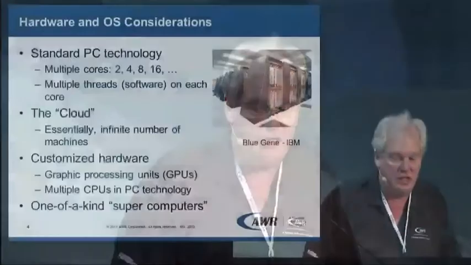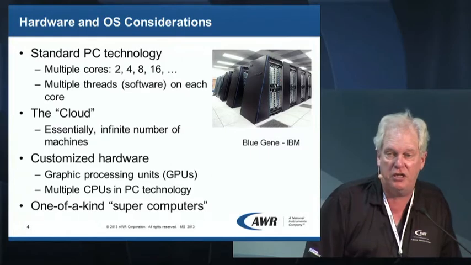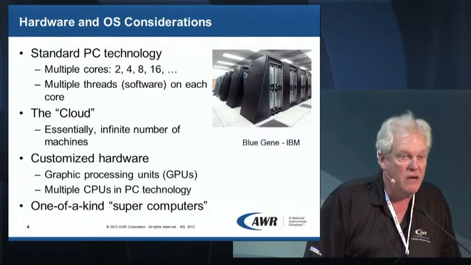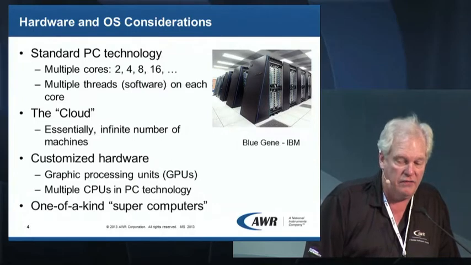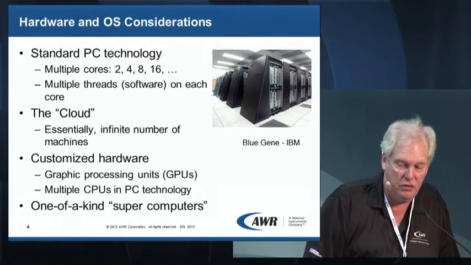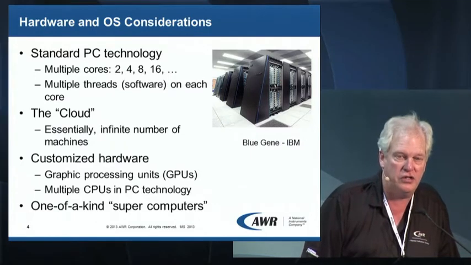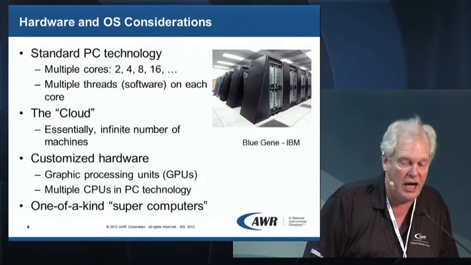For example, you've seen the FDTD codes use GPUs, graphic processing cards, faster communication between them, et cetera, more specialized. And then finally, ultimately, maybe some of you are at certain unnamed government organizations and happen to have a blue gene sitting there, and you're in great shape. But for the rest of us, you're either going to be on the cloud or using multiple cores.